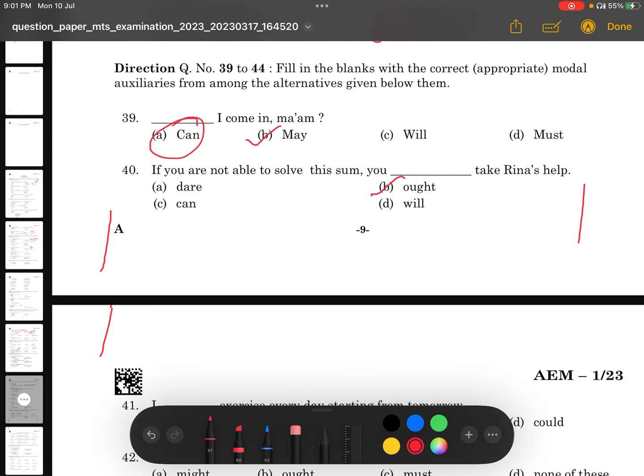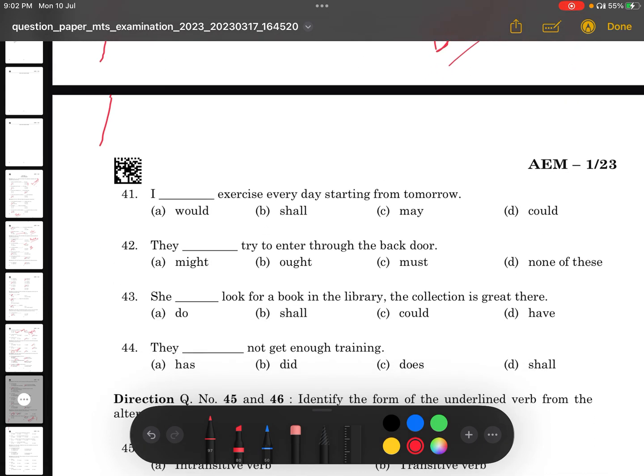This is ought. Ought means should generally. It is used when you are making some mistake or are unable to do something, and some suggestion or advice is given. So you ought to take Rina's help. This is the correct answer. Next question.